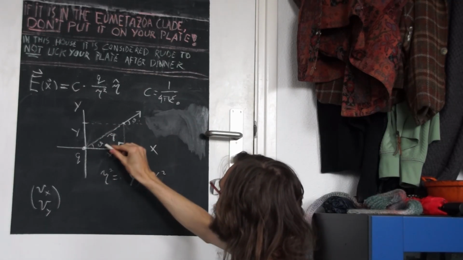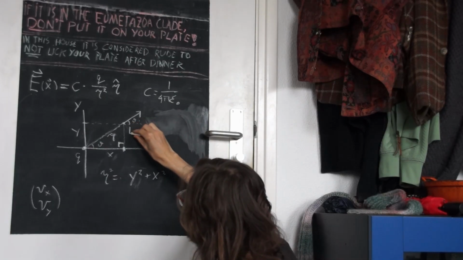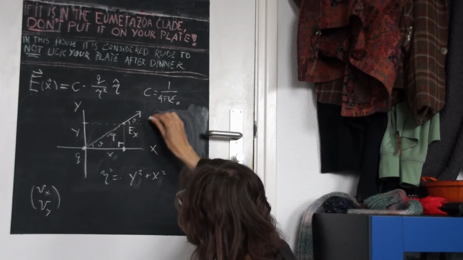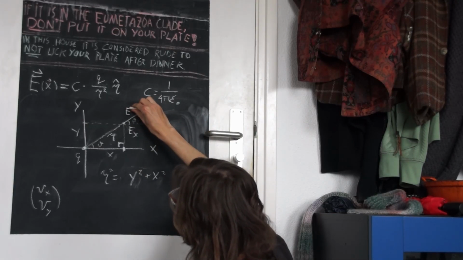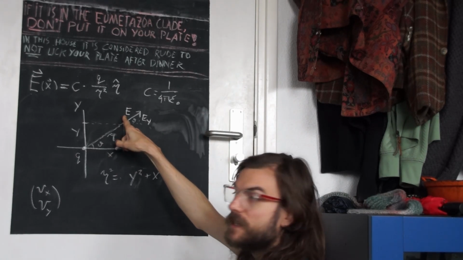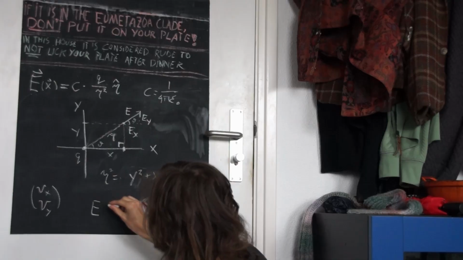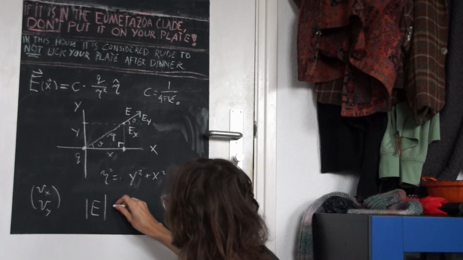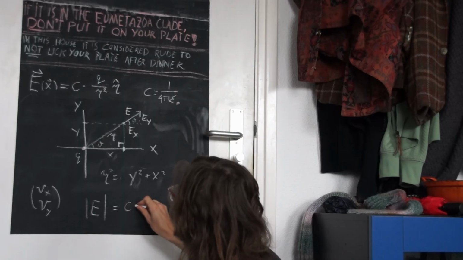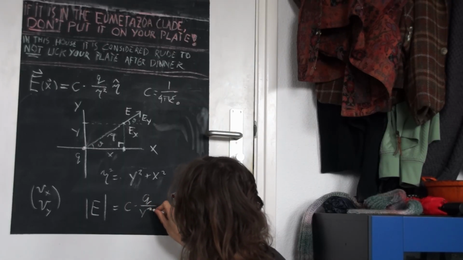So these two are going to be like triangles, which means that they have similar proportions. This part is going to be the electric component of x, and this is the electric component of y. And the entire length is going to be equal to the intensity of our electric field, which we can easily calculate as E, these bars mean the length of the vector, is going to be equal to C times Q divided by y squared plus x squared.